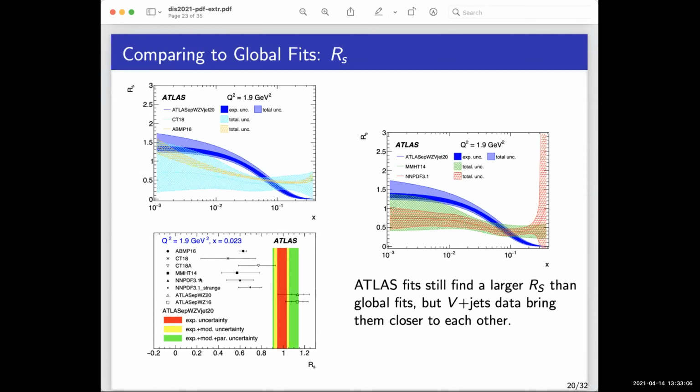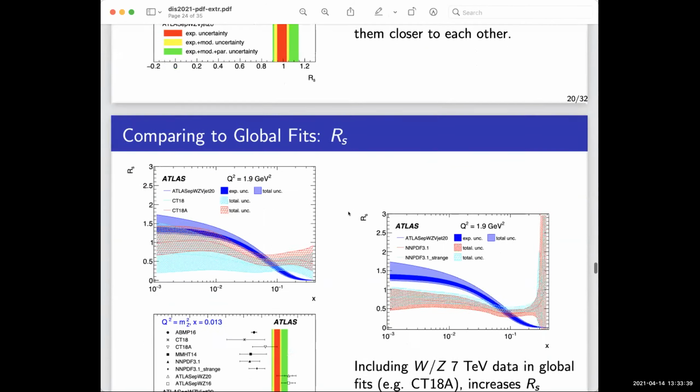And if you look at the specific region, say X of 0.023, chosen as this sort of interesting region about here, you can see that the ATLAS V plus jets fit is here. It's shifted to less suppressed by adding this data, and it's bringing it closer to the global fits, though still a bit higher.